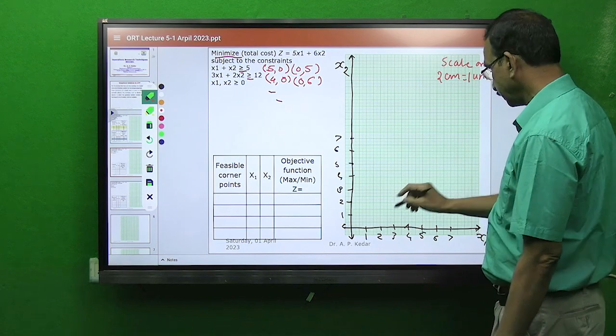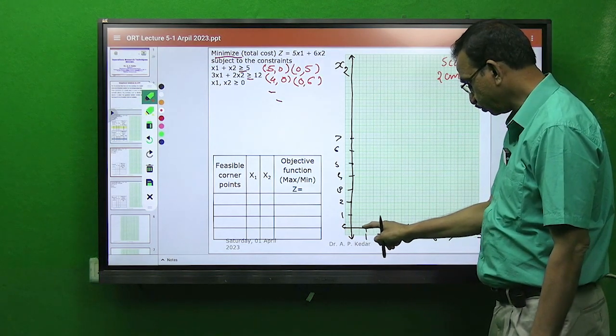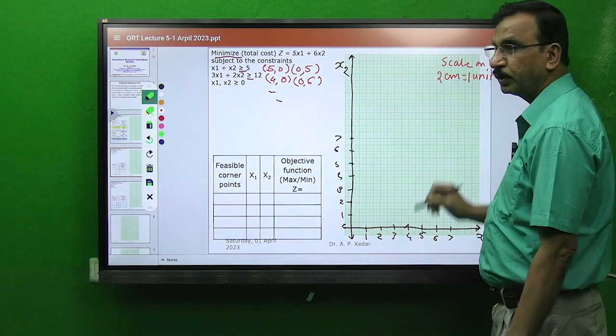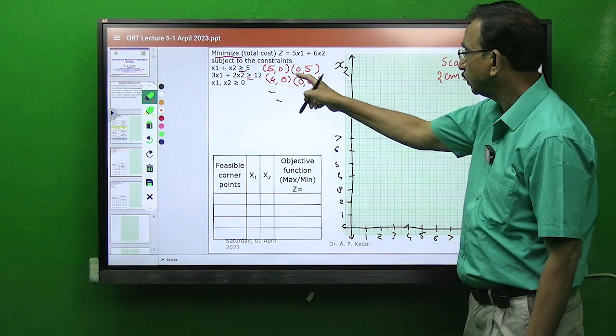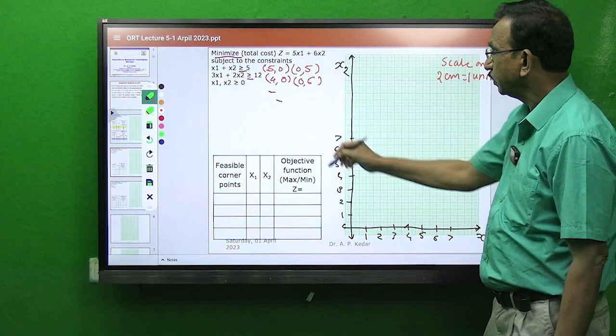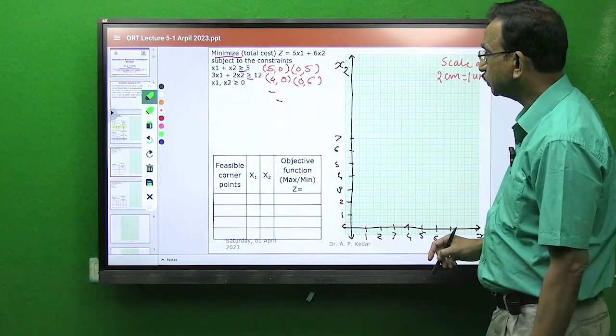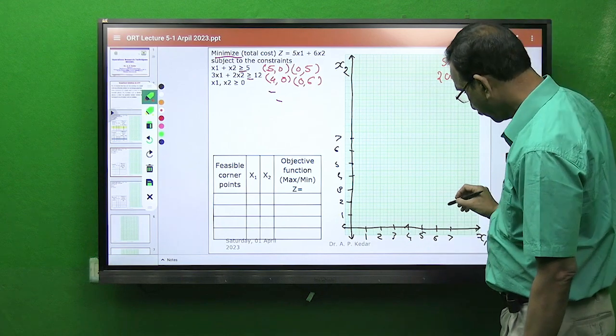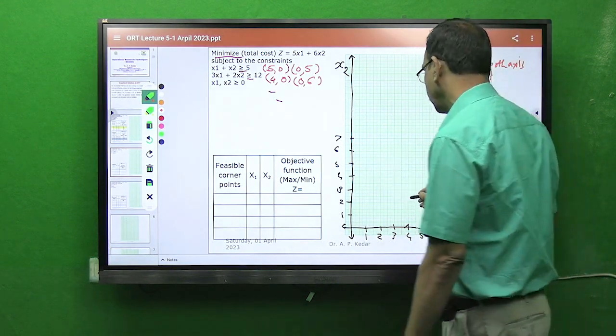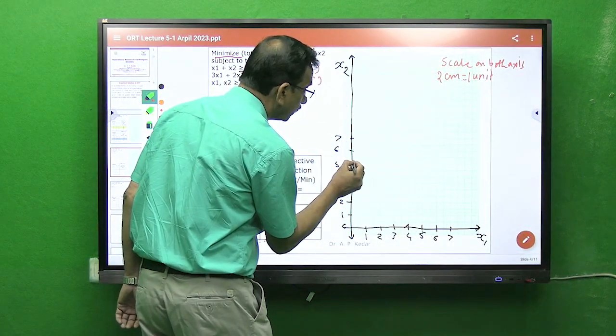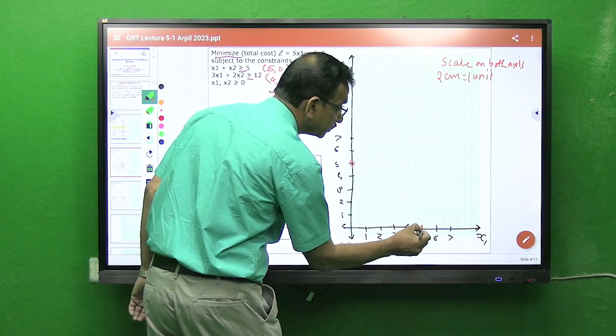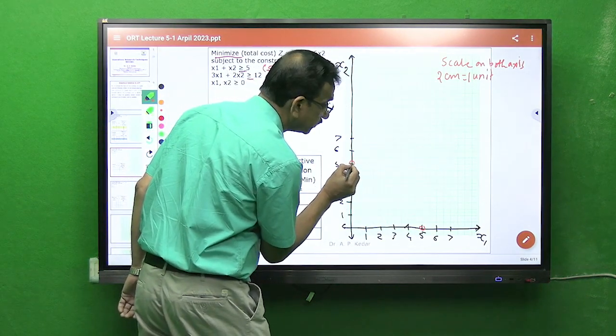I have selected the scale. This 2 centimeter distance is equal to 1 unit. Now what we will do? We will draw these lines. First line x1 plus x2 greater than equal to 5. So I have to mark this point 5. This one, join by straight line.